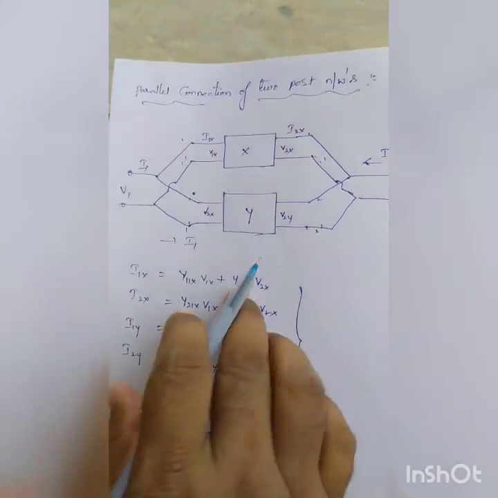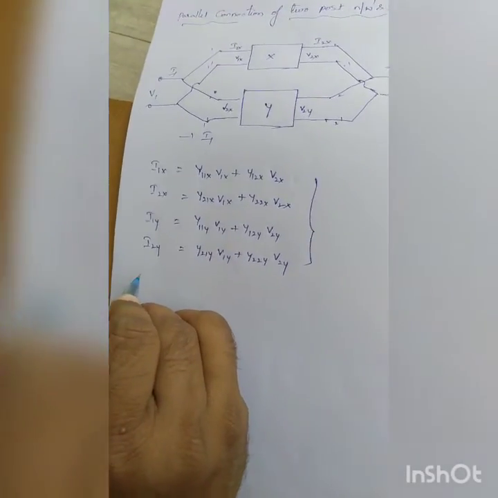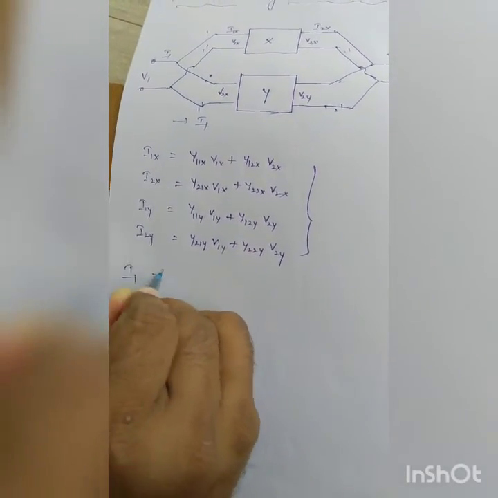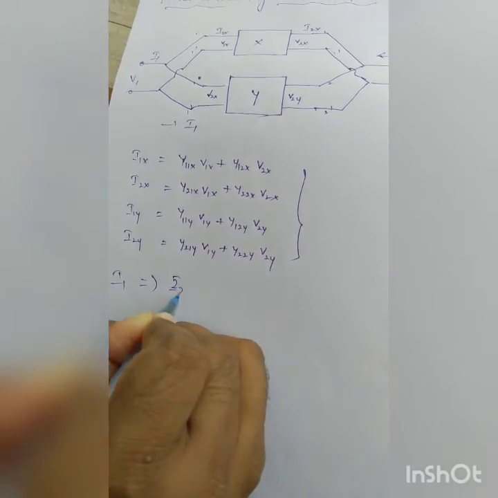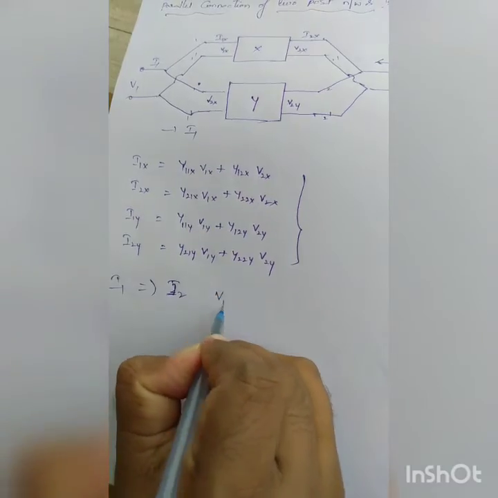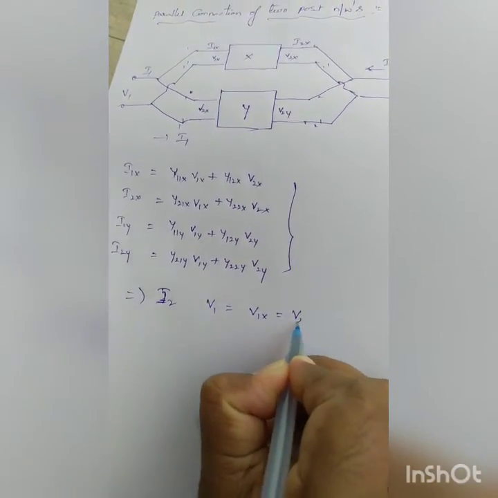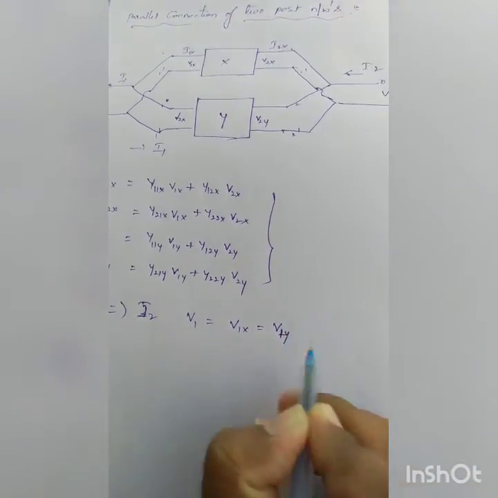By using these equations we have to find the I1 value and I2 value. Here V1 is nothing but V1x, that is equal to V1y.